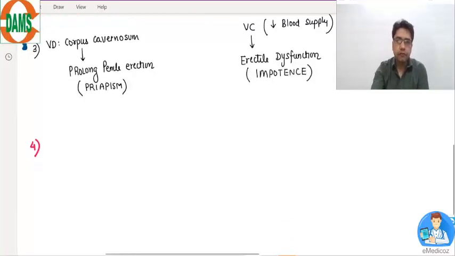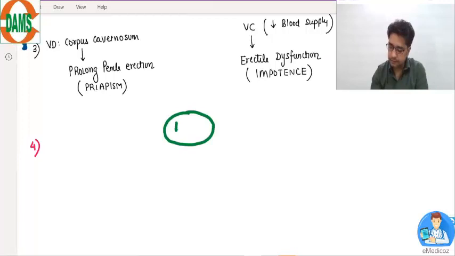Fourth point we will write now. Suppose this is the beta cell of pancreas.